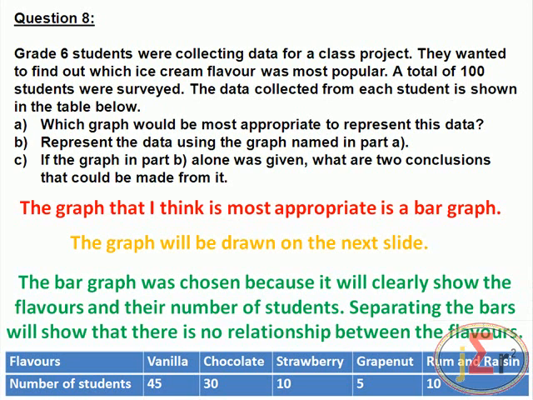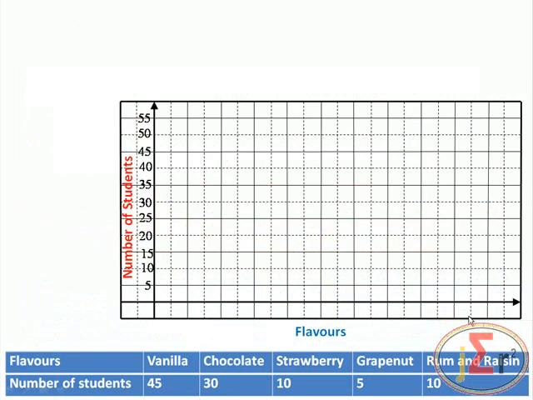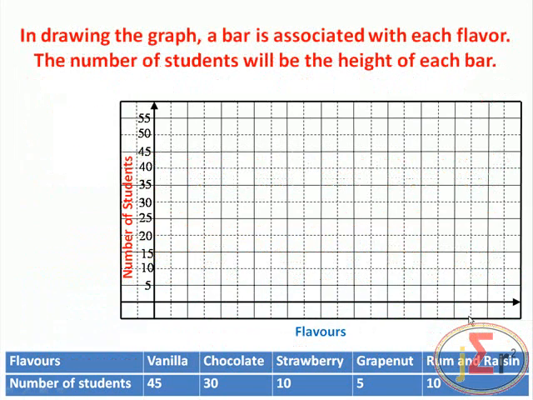So we'll be able to see the bars associated with each flavor, and the height of the bars will be representative of the numbers of students associated with the particular flavor. In drawing the graph, a bar is associated with each flavor. As we said before, the number of students will be the height of each bar.